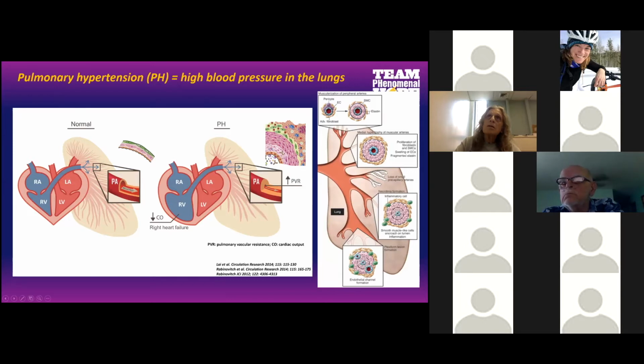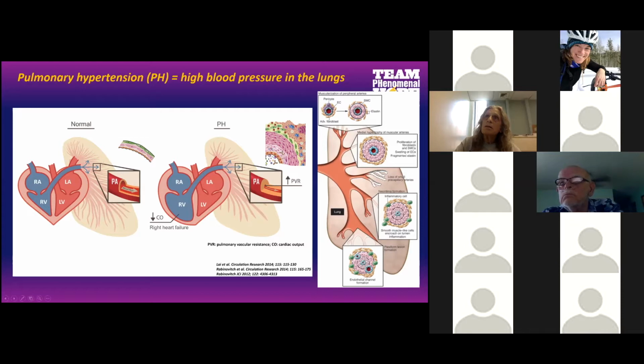So it's everywhere. Plus the loss of small vessels and inflammatory cell infiltration, as well as what is called neointima formation, meaning that you have new vessels growing in the existing vessels.